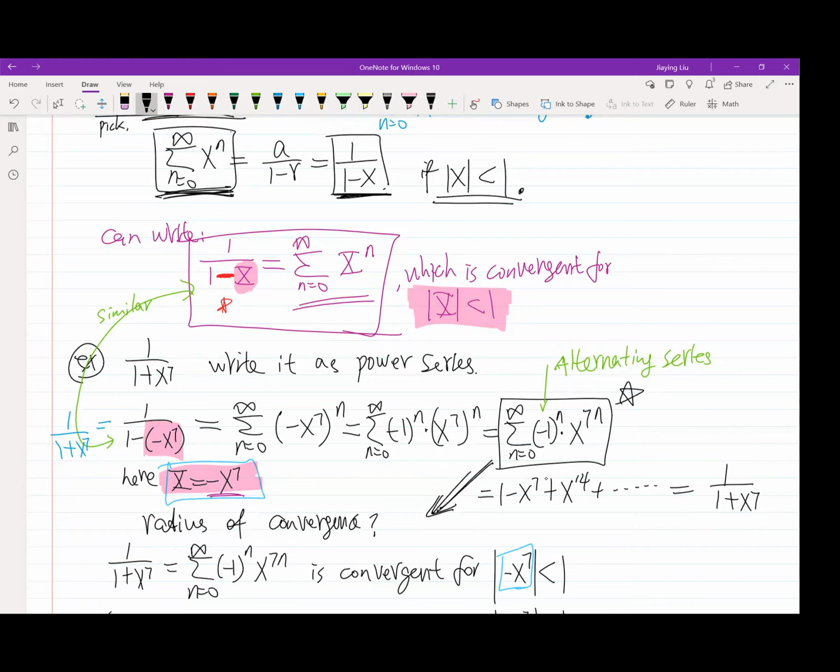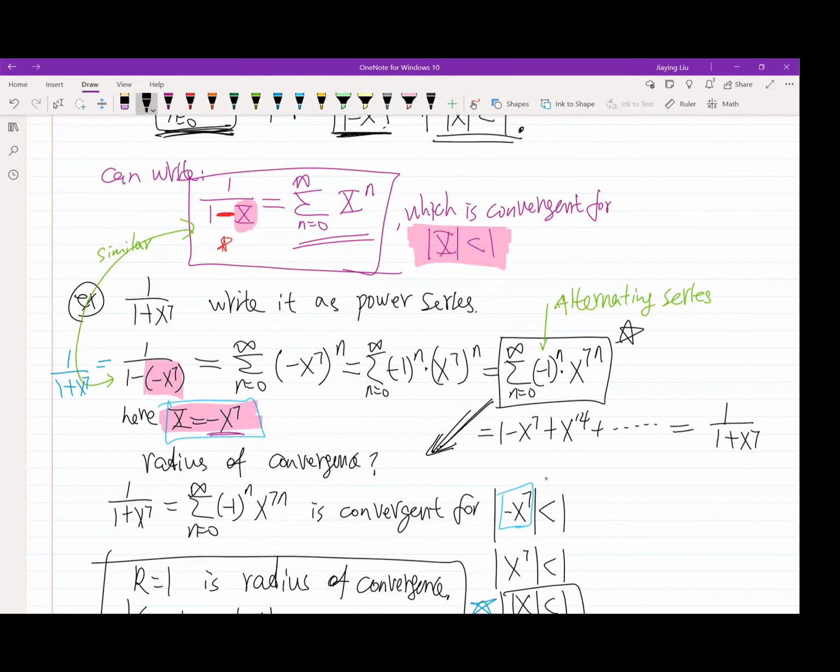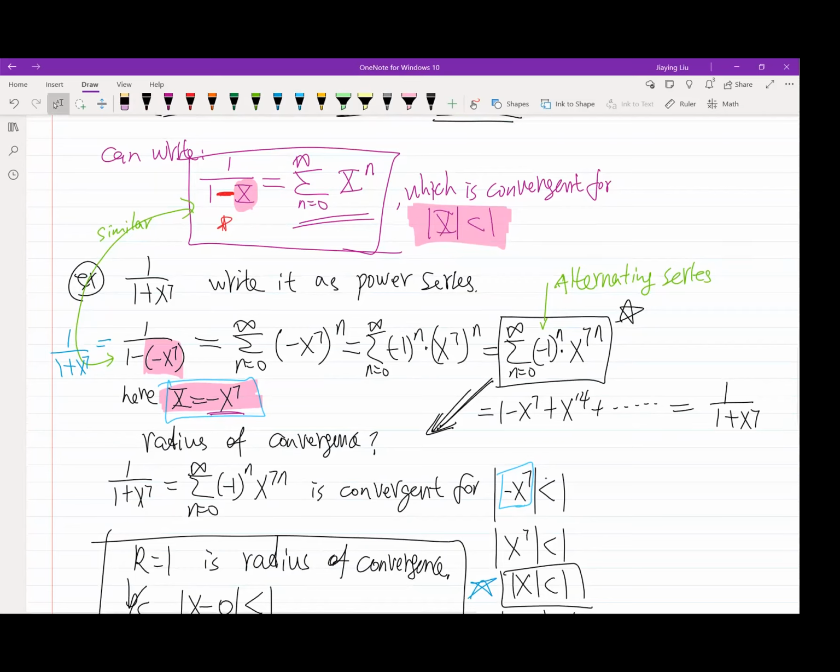You have to remember all of them together, because the absolute value of x less than 1 is important to help you find out when the series is convergent, or the radius of convergence. The one boxed in purple there is helpful to find the power series, but the one highlighted in red there is helpful to know when the series is convergent.